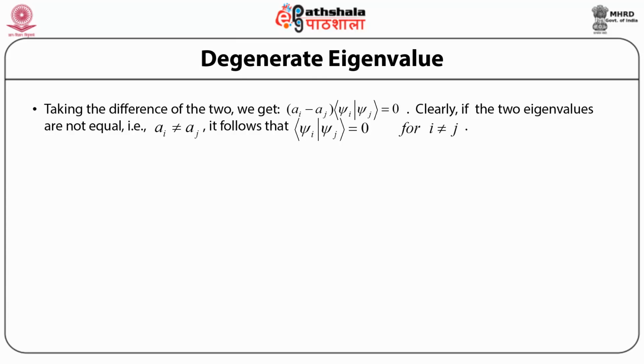Taking the difference of the two, we get (a_i minus a_j) into the inner product of psi i and psi j is equal to 0.